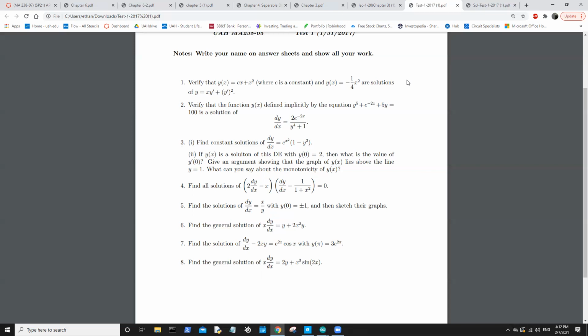So this one's a little tricky because, since it is just dy dx on the left-hand side, the implicit differentiation that we're about to do should result in 2e to the negative 2x over y to the 4th plus 1. So it should be the same as that. So let's see.